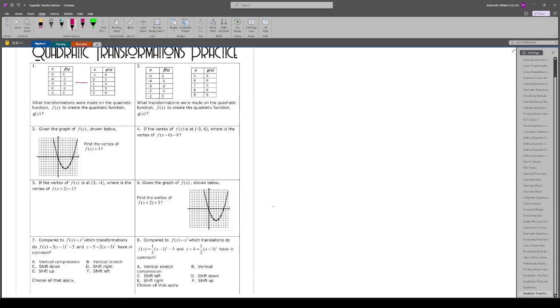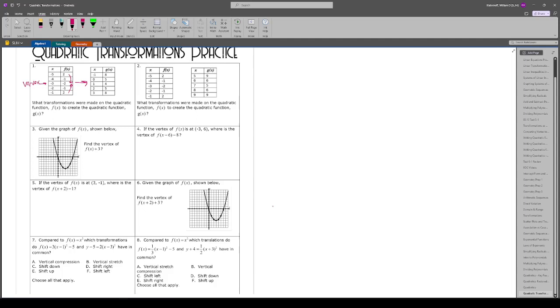So we're going from f of x to g of x. And in a table, the most important thing is for us to find where the vertex is. If you look at the y values, they are decreasing from here to here, but then they start increasing again. So this line in the middle, not because it's in the middle, but because it's where the y values turn around and go the other way, that is our vertex.